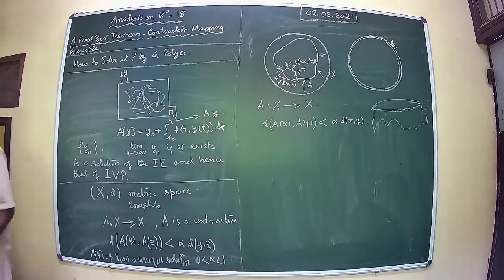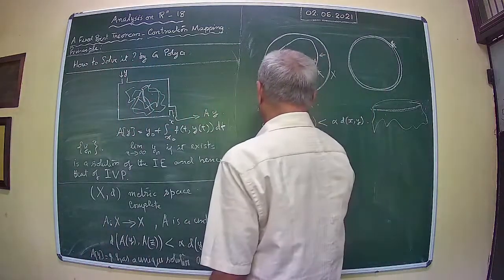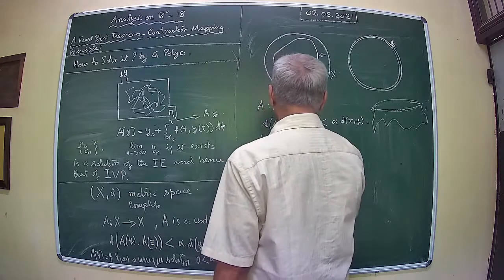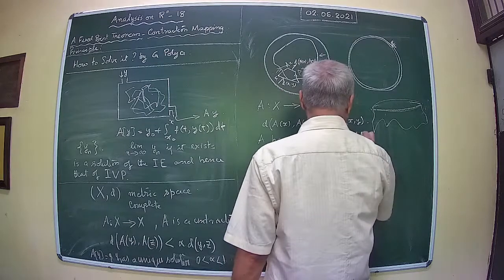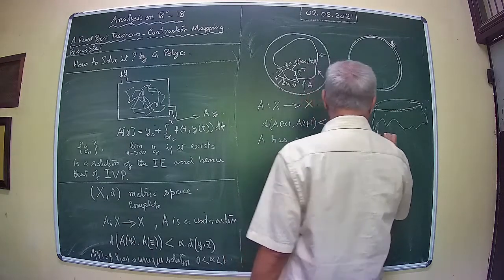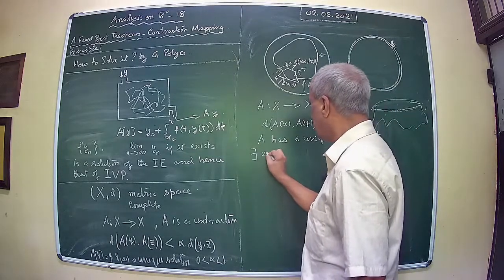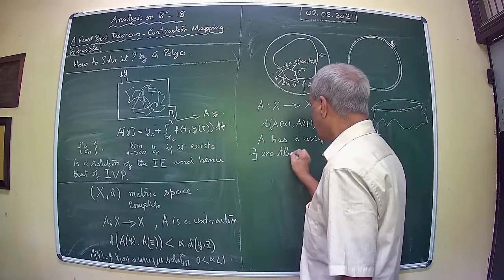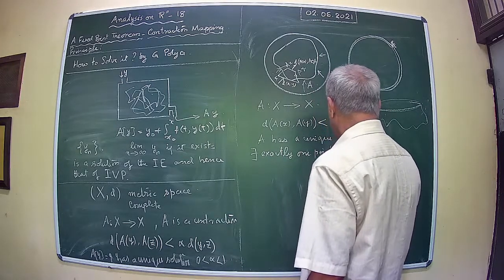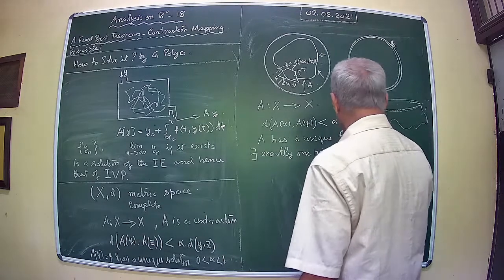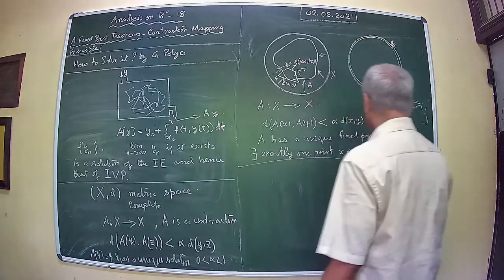Then the theorem says that A has exactly one point, this is the fixed point here.